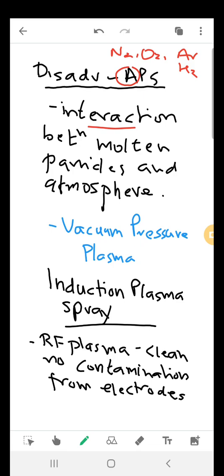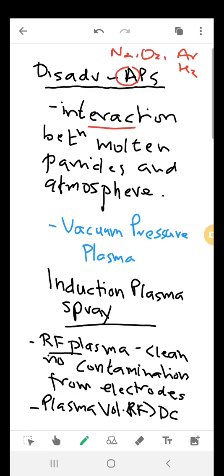And we could have used the DC plasma also, but compared to the DC plasma, the plasma volume of RF is greater. Now this is about plasma spraying.